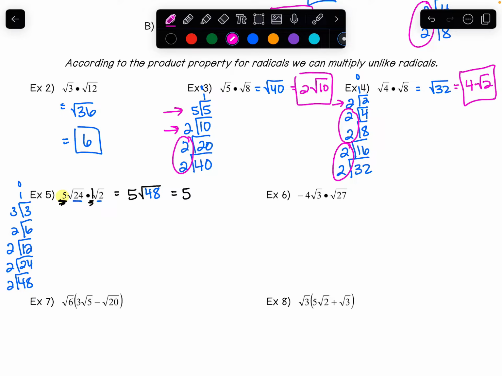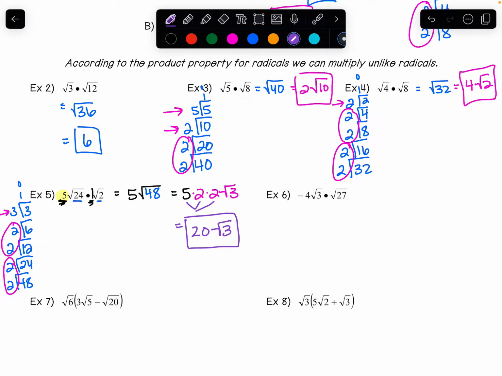So here I have 2 pairs of 2's that can leave the square root symbol. This 3 does not have a pair, so that 3 is going to stay home. So when I simplify this, 5 times 2 is 10. 10 times 2 is 20. So my answer is going to be 20 square roots of 3.